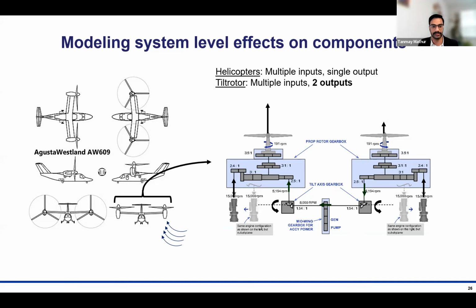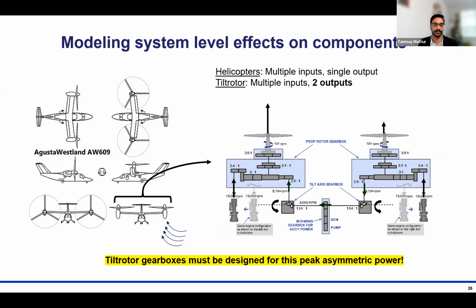So you're still drawing the same symmetric power from the engines, but you have differential thrust on these rotors. In this case, some of the power is rerouted from this gearbox on the right-hand side into the left-hand side gearbox. This maneuver is called the differential collective pitch. And the tilt rotor or multi-rotor gearboxes must be designed for this peak asymmetric power and not just maximum installed power divided by 2.